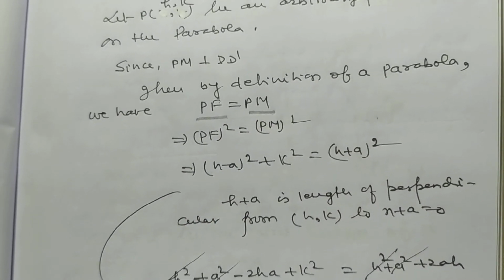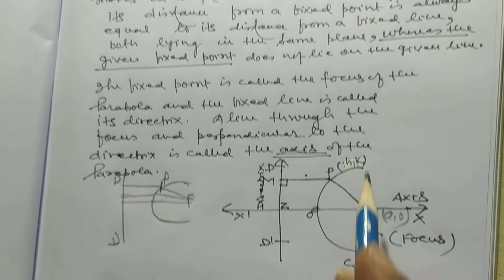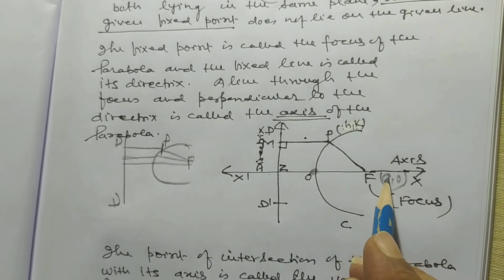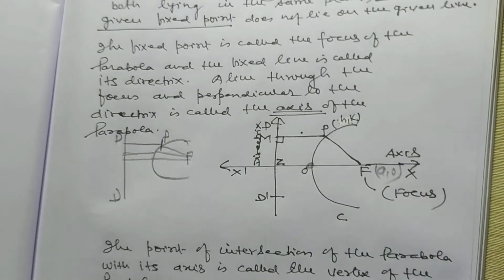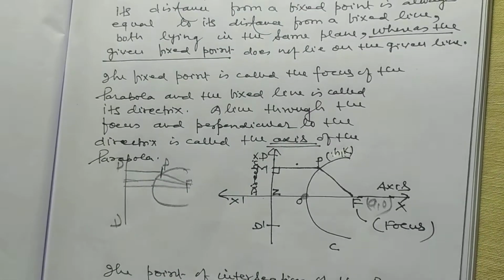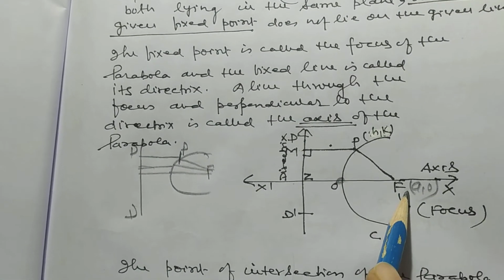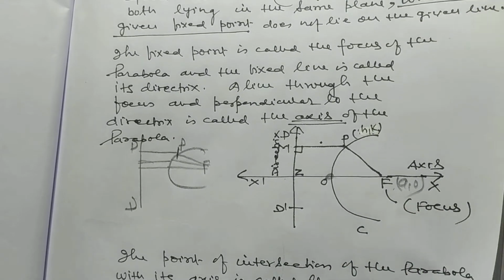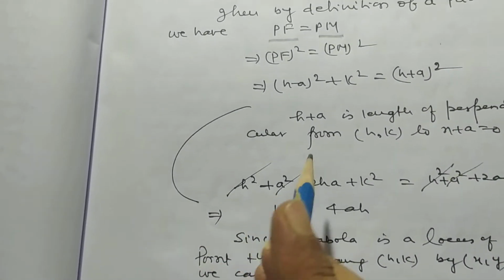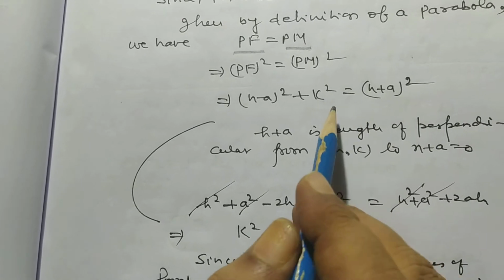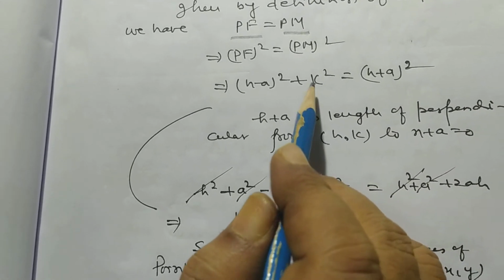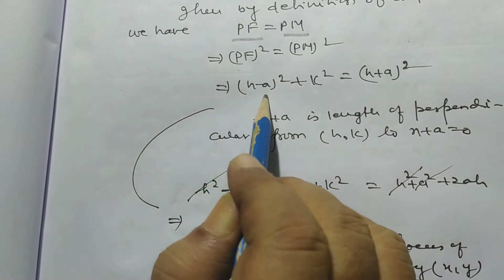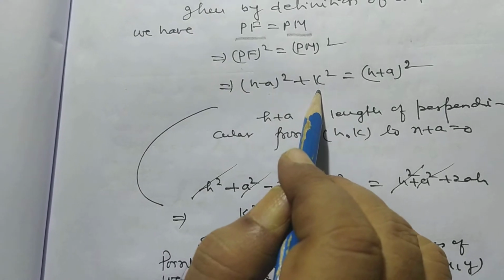And PF is equal to how much? PF is the square root of (h minus a) whole square plus (k minus 0) whole square. Now PF square is equal to (h minus a) whole square plus k square.